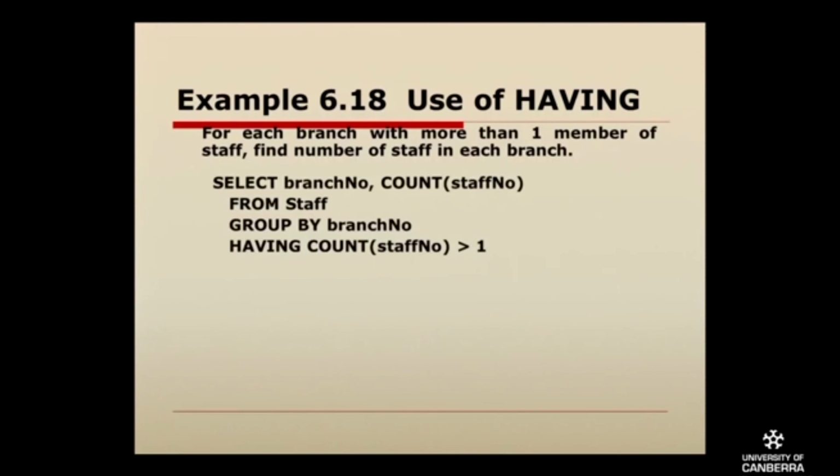Select branch number, count the number of staff for each branch number from the table staff, group by branch number. And the condition is having count of staff number greater than one. When you count the staff for each branch, if it is greater than one, display it on the screen. This is actually as difficult as it gets.